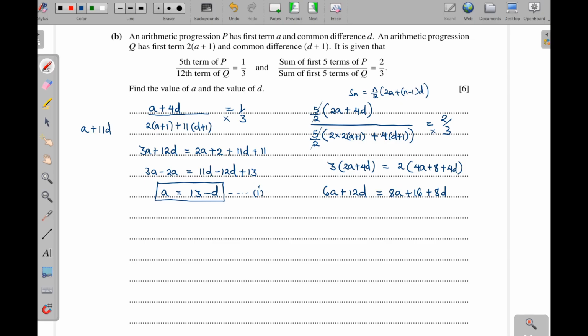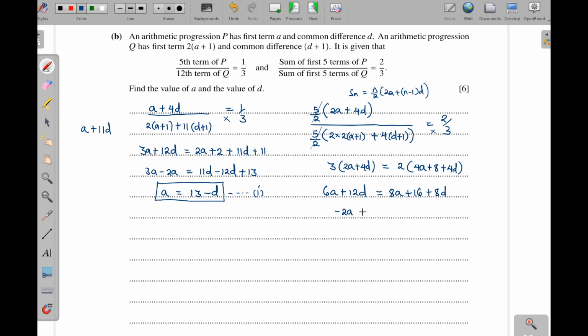Okay, simplifying this one here, wherever there is A, I can put D. So this implies that we shall have 6 into 13 minus, or let me first simplify it. 6 minus 8, we shall get negative 2A.